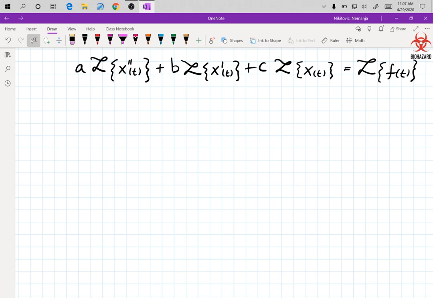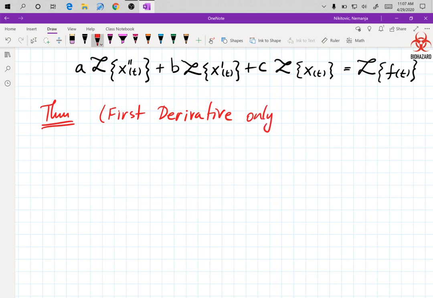You will just have to follow the formula. So let's start with the theorem, first derivative only, and then the next theorem will have all of them.